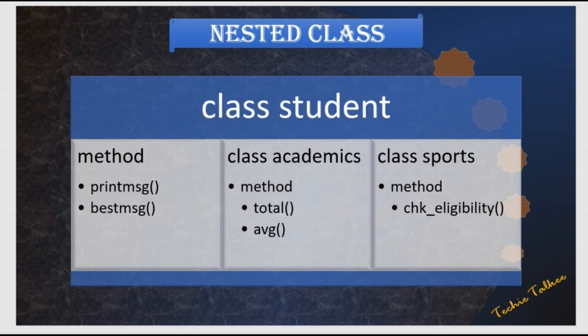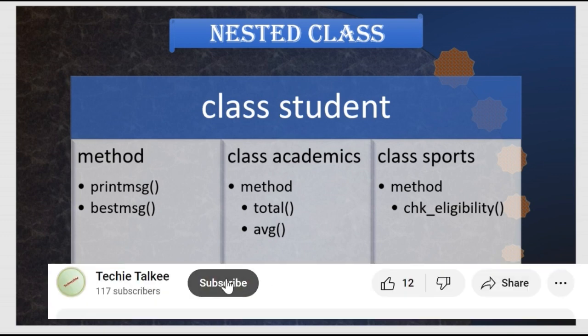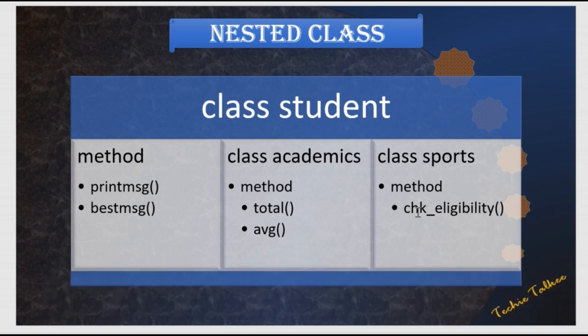That is where the nested class comes into the picture. Based on the functionality, we can structure our code to have a nested class. We'll have the outer class, which is going to tell us what this program is all about, and the inner class will be defined based on the various subdivisions. So in my example, I have the outer class named student, and this class is going to have two methods, which are print message and best message.